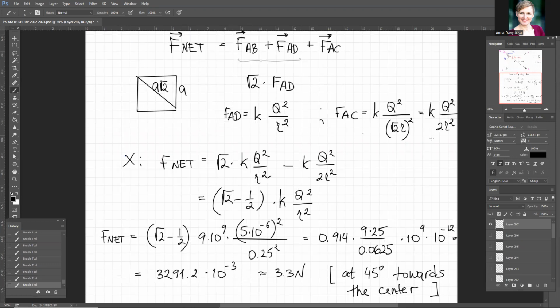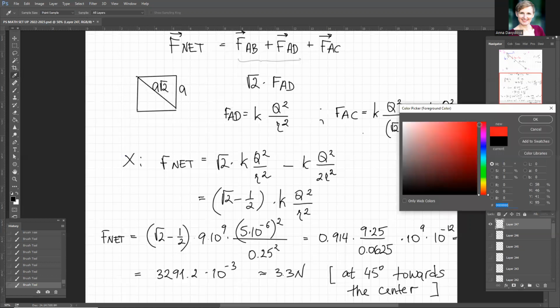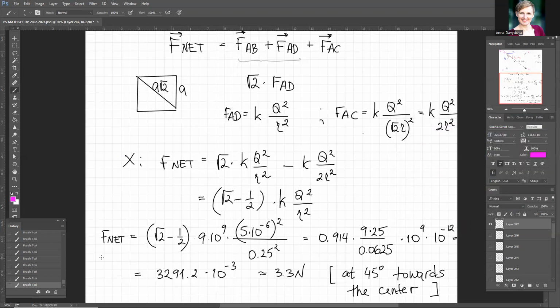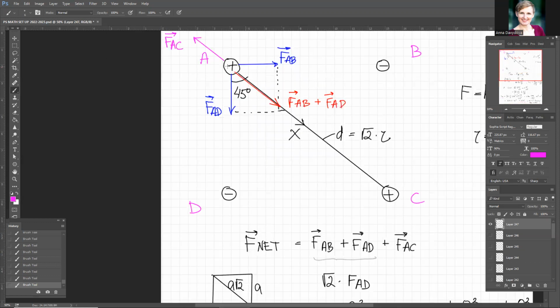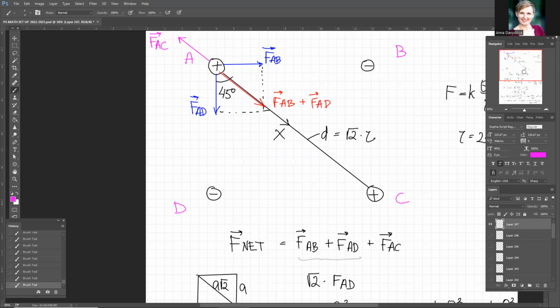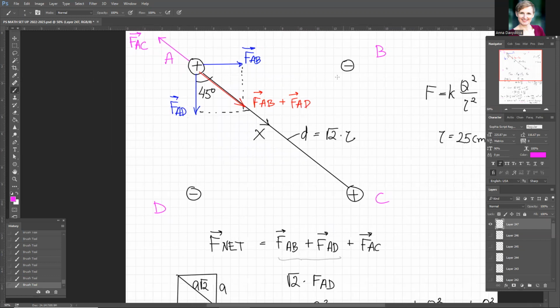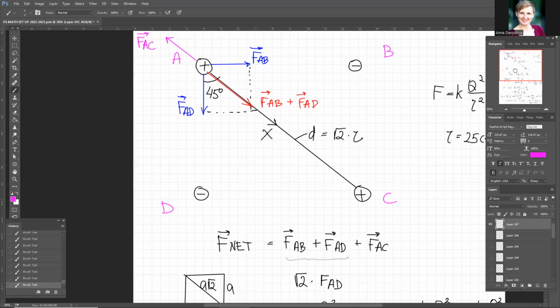Now, I only calculated the force acting on charge A. How about B, C, and D? Will that be different? The calculation will most likely be the same, and chances are that the total force will also be pointing towards the center. I'll leave that for you to discover.